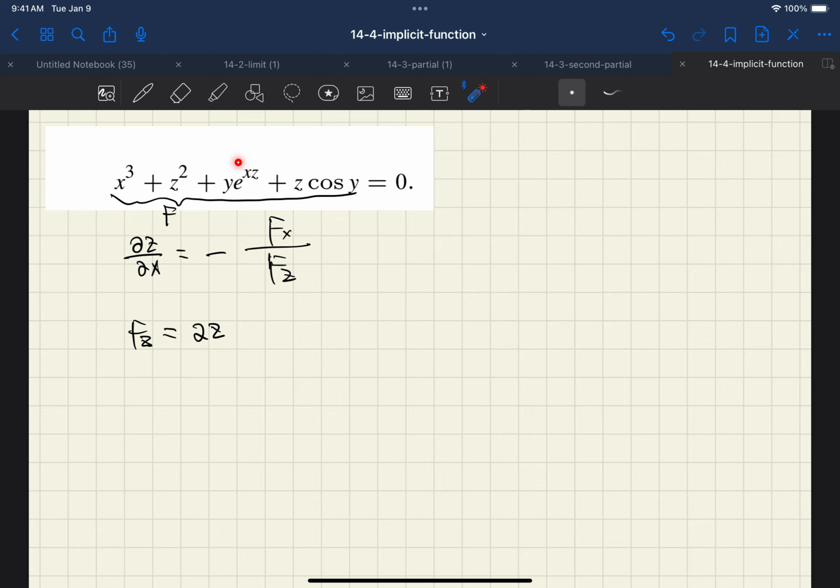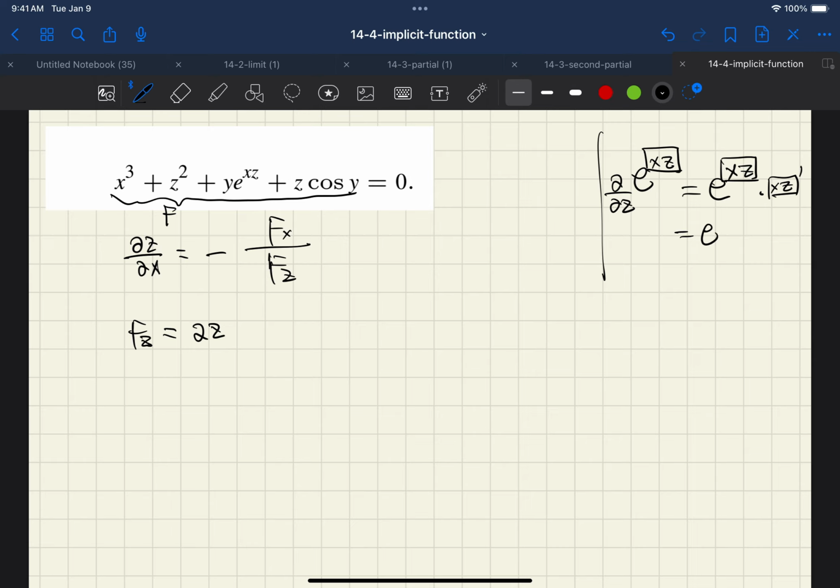And for this term, we have y as a coefficient, constant, times e to the xz. With respect to z, we use the chain rule: e to the something is itself, times the derivative of this box. But this prime is with respect to z, so e to the xz times x. Xz prime is x because with respect to z, x is considered a constant.